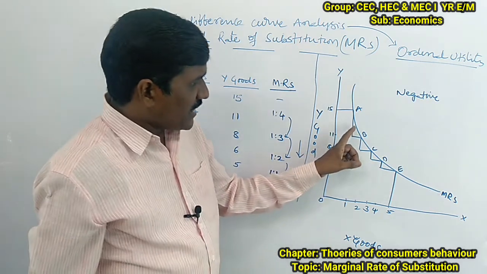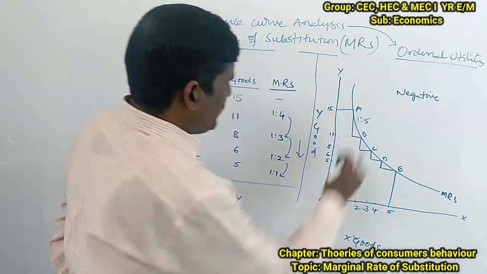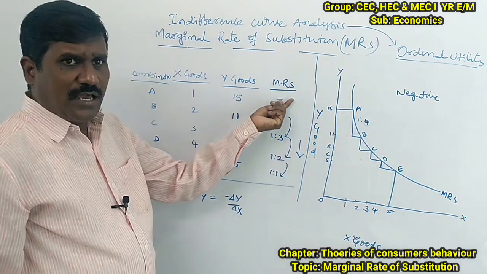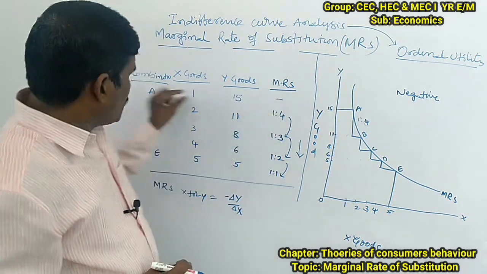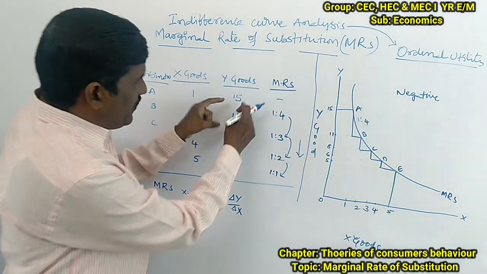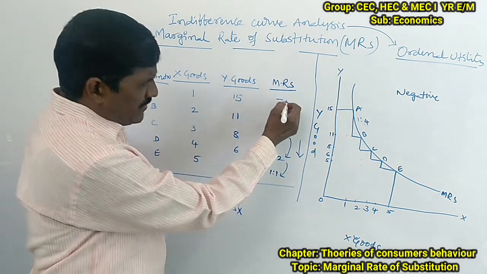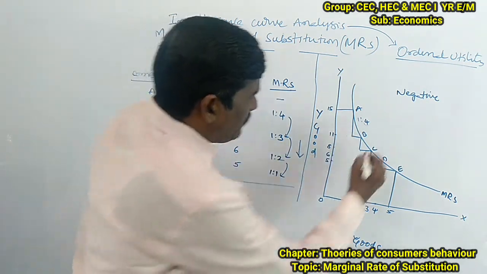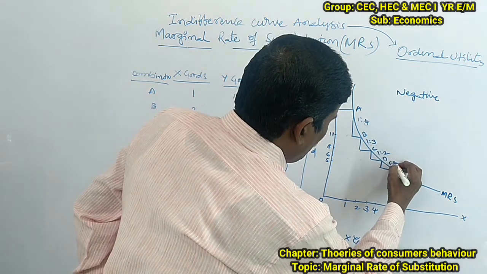Here it is 1.5, but we started with 1.4 only. Why is MRS not taken for the first one? When we use two more, the difference is the MRS, but the first line is a single one. The difference between 15 minus 11 is 4. So we can take 1.5, or you can take the marginal dash also. Here 1.4, then 1.3, here 1.2, here 1.1.